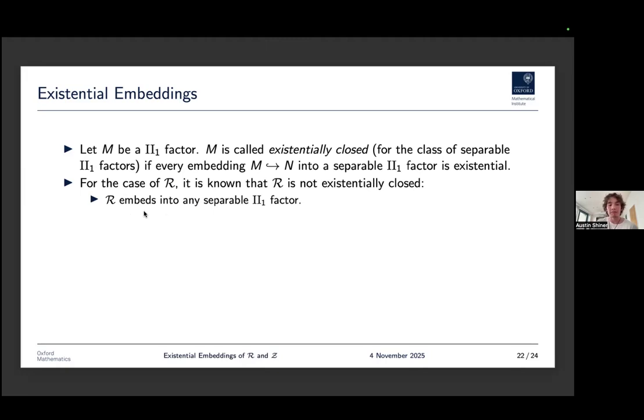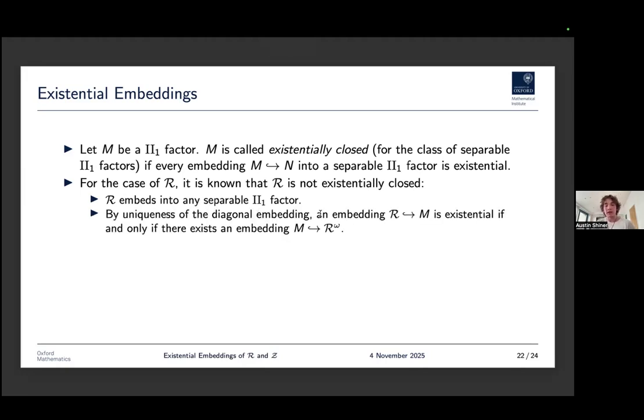So suppose we know the following facts. R embeds into any separable II_1 factor. If we had an embedding of R into M, this embedding is existential if and only if we can find an embedding of M into R omega. Why is this? Well, it's because the diagonal embedding is unique up to unitary equivalence.